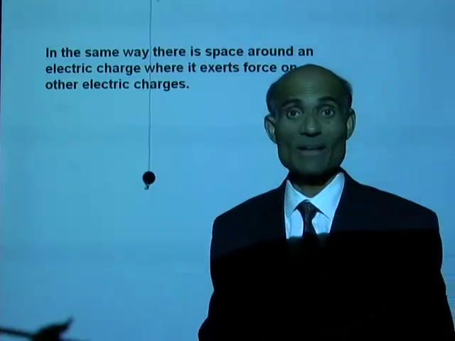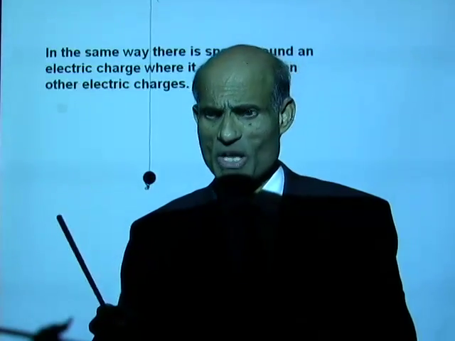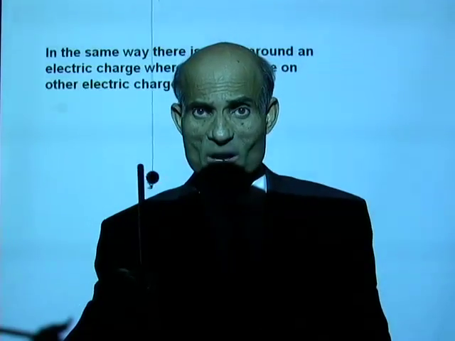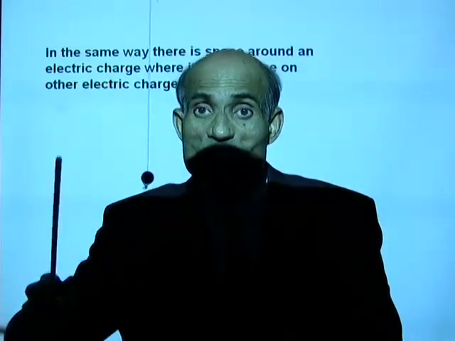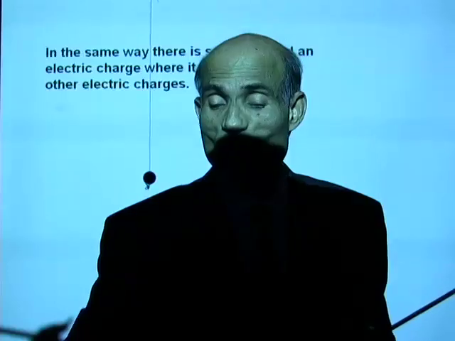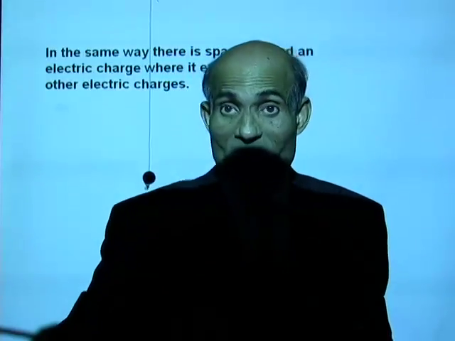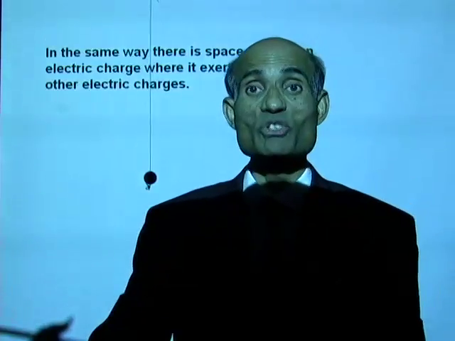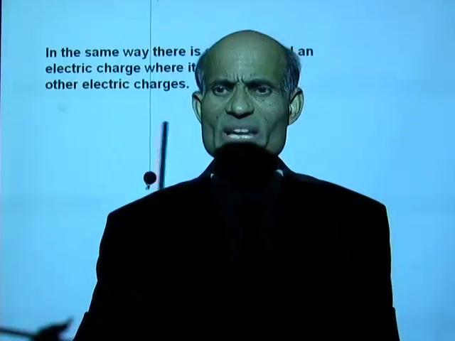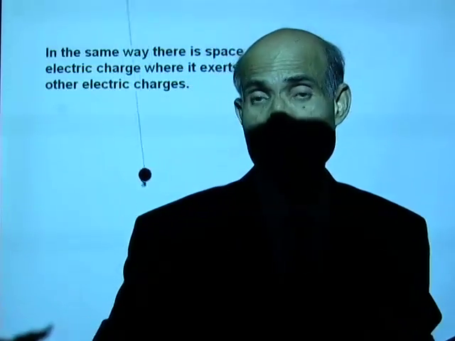In the same way, there is a space around an electric charge. Now, if this is the electric charge we are talking about, there is a space around that electric charge where it will exert force on other charges. And that space or that region is called the electric field of that particular charge.